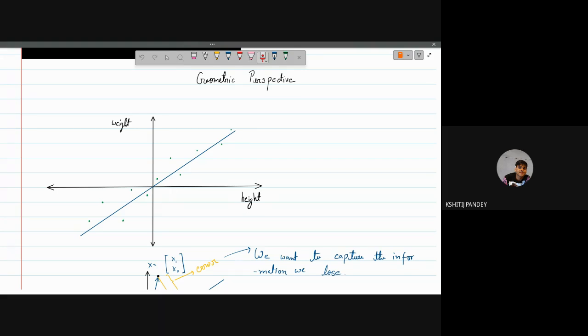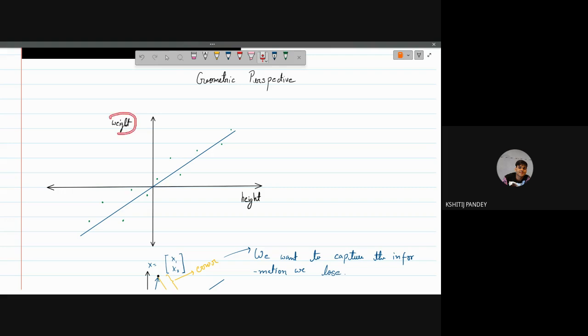There is no better direction than the x-axis to measure the variance of height. For this point this is the height, for this point this is the height, and let's say these are the different heights we have. So this is the best variance. In this direction the variance is best captured.